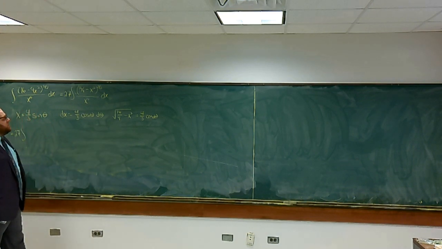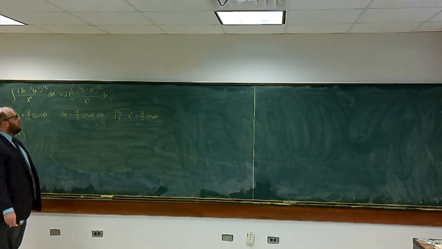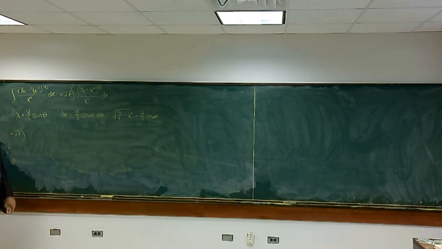What does that numerator become? We're taking the antiderivative of 60 over 9 minus x squared. I'm just doing substitution. Okay.